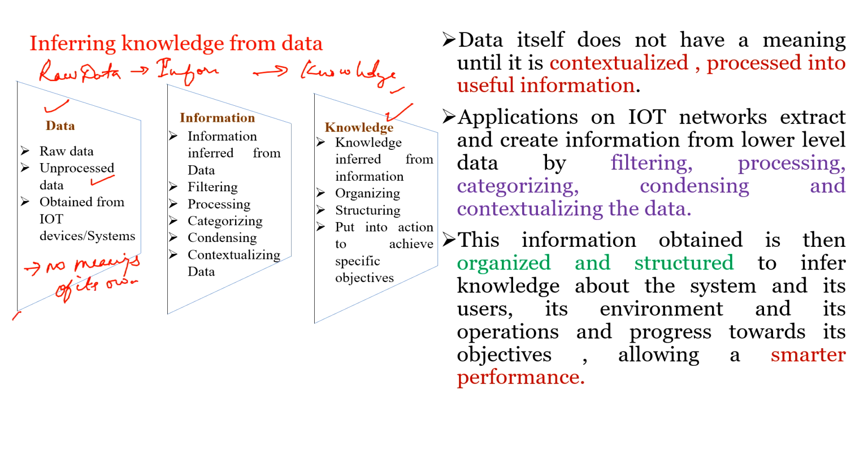For example, in a weather monitoring system, if you have the parameters 72 and 50, it doesn't make any meaning. That is your raw data.